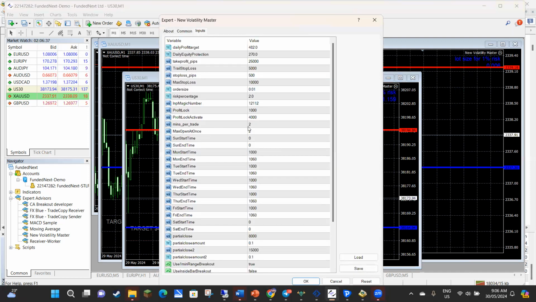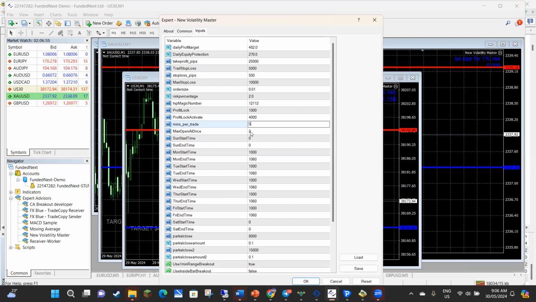So with the 1 minute range breakout, I tend to like about 5 minutes per trade. Max open at once, that's going to be totally up to you.